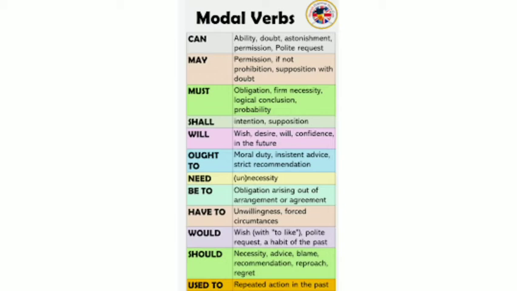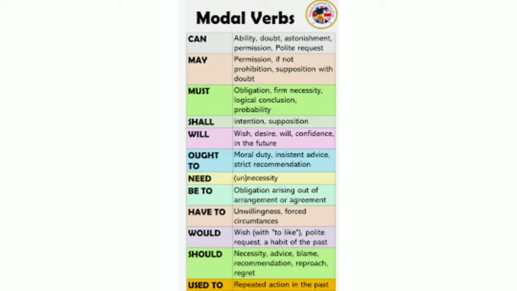Now, should shows the necessity, advice, blame, recommendation, reproach, regret. Last, used to shows the repeated action in the past. In this way, we can divide these modal verbs according to where they are used and in which condition they are used.